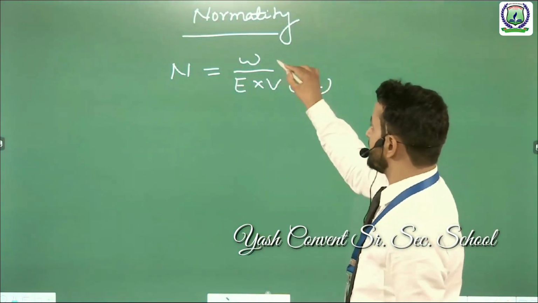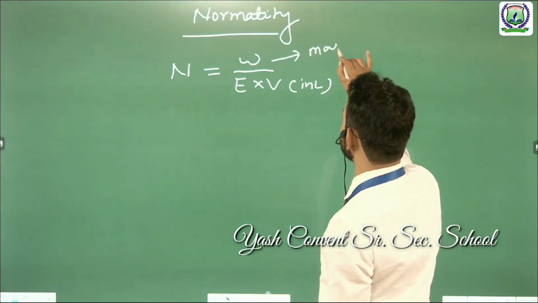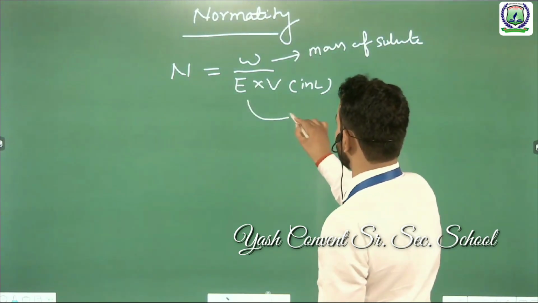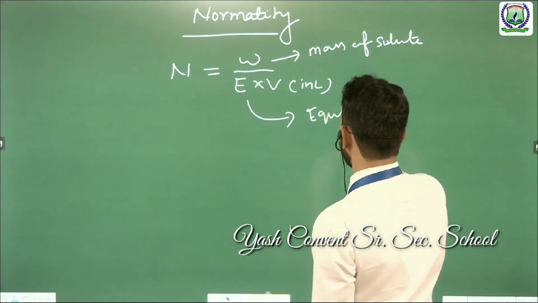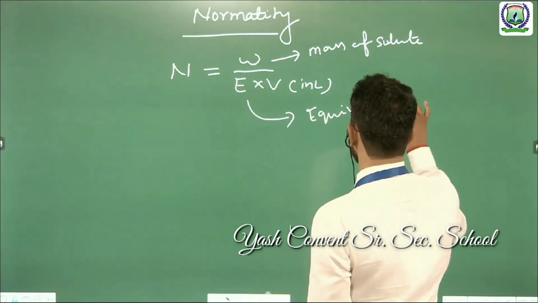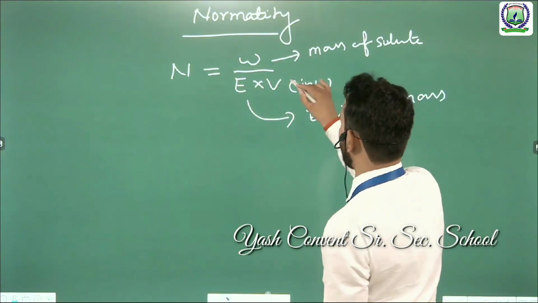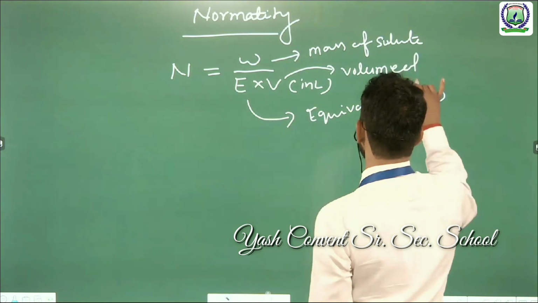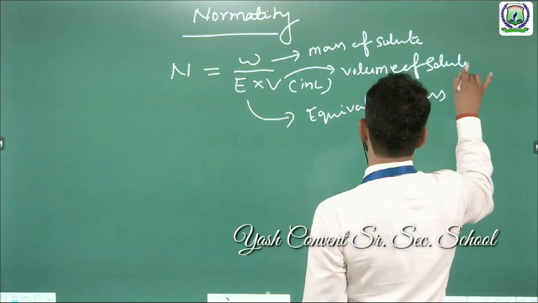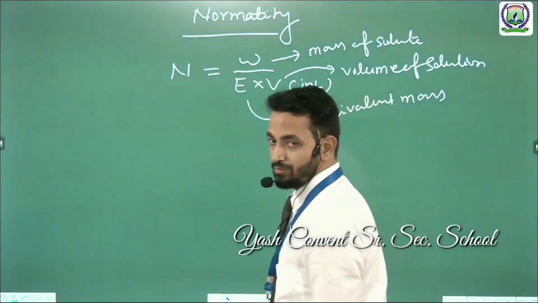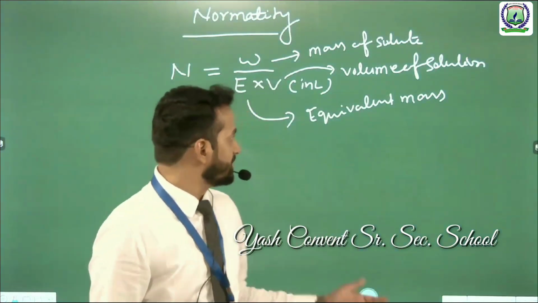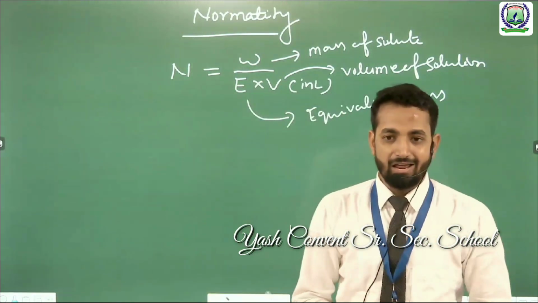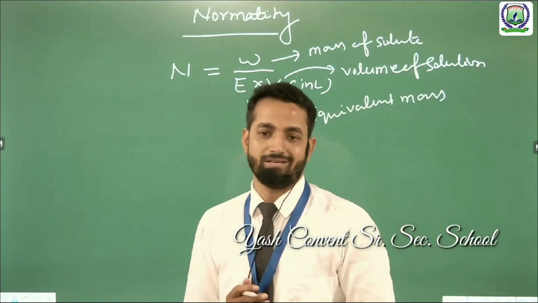Here W is the mass of solute, E is the equivalent mass, and V is the volume of solution. We had already discussed normality, so let us start the numericals of normality.